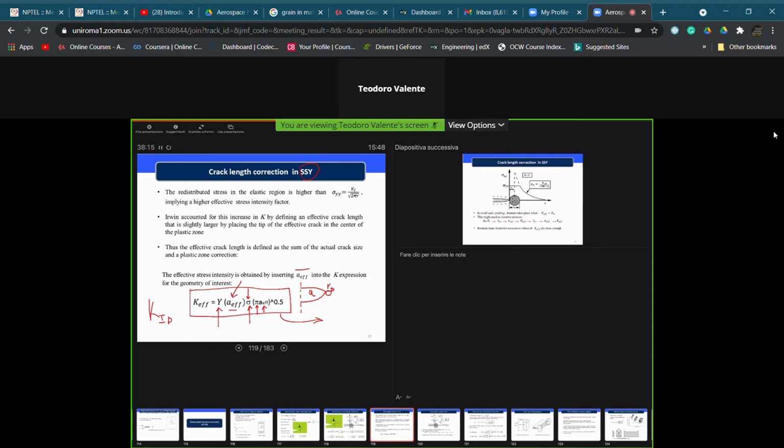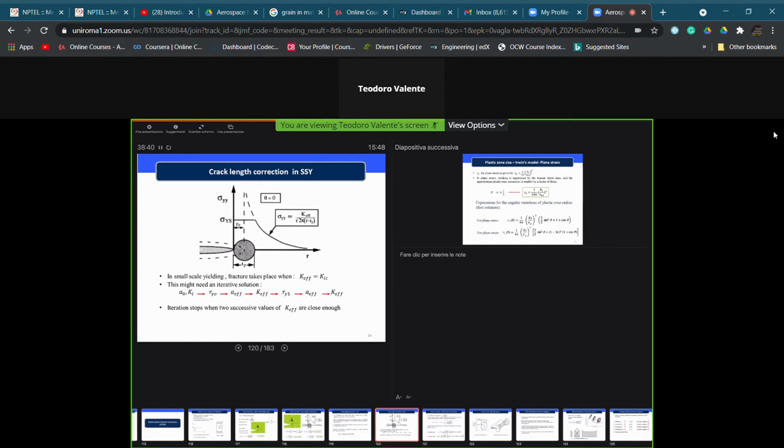This is the most common way, for pre-dimensioning of components looking at the damage tolerance design approach, to bring inside the theory the possibility of having plasticity effects at crack tips.